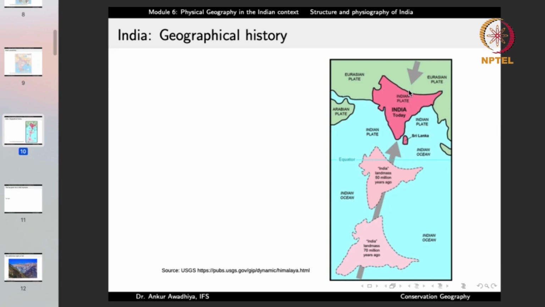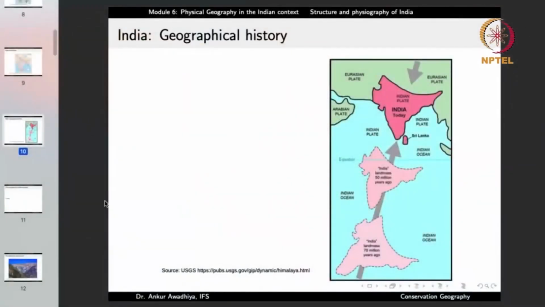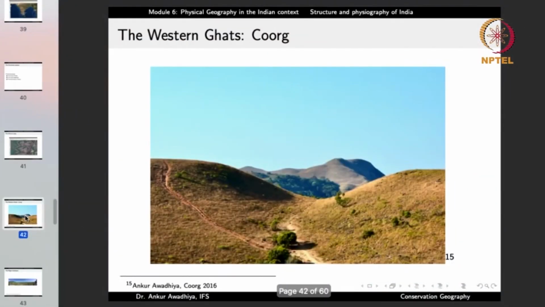So the Himalayas have not been eroded that much as compared to these hills in the Western Ghats, or say in Cardamom Hills or Palani Hills. So because these hills have been eroded over time, you will find that these do not have any high peaks, but they are more or less having rounded peaks. So this is how the peaks look like.